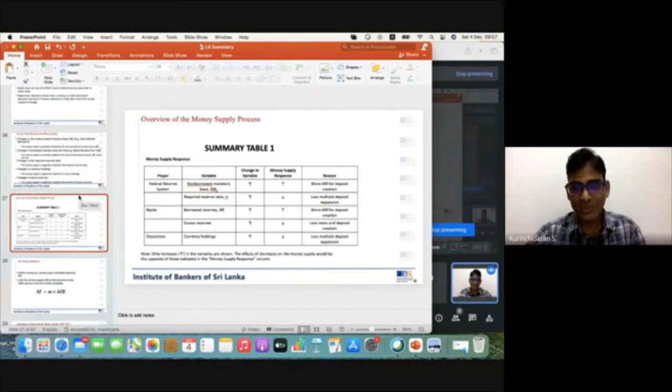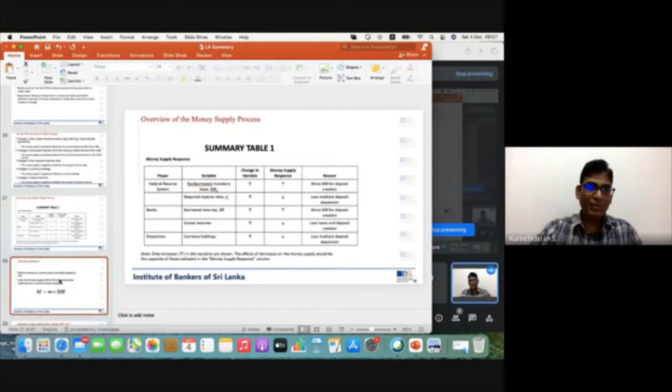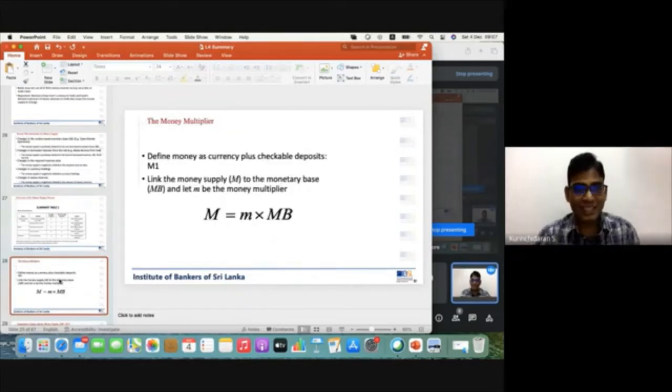These are the areas you should understand in monetary policy: how a central bank controls its money supply. As I said earlier, we define money as currency plus checkable deposits. That's what we call M1 as well.